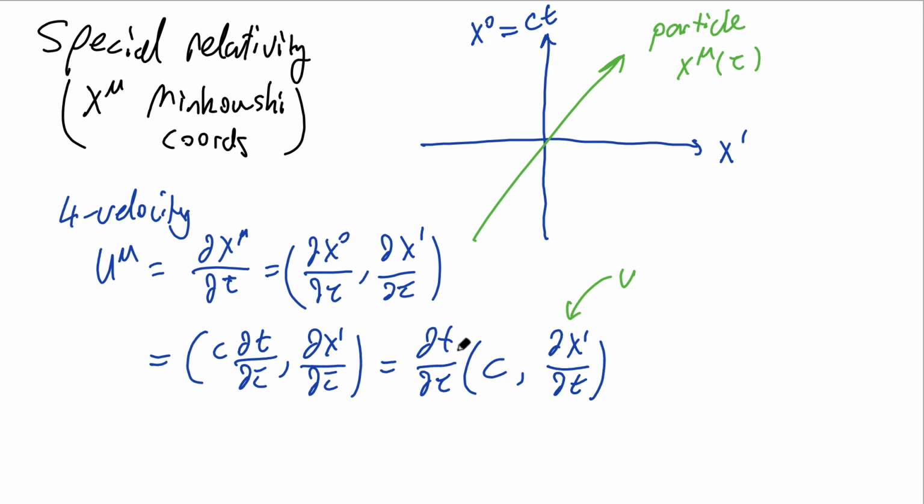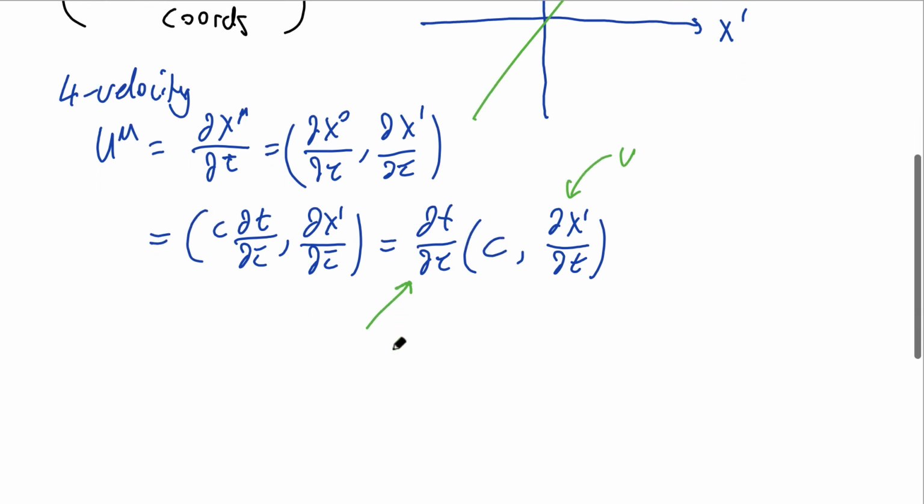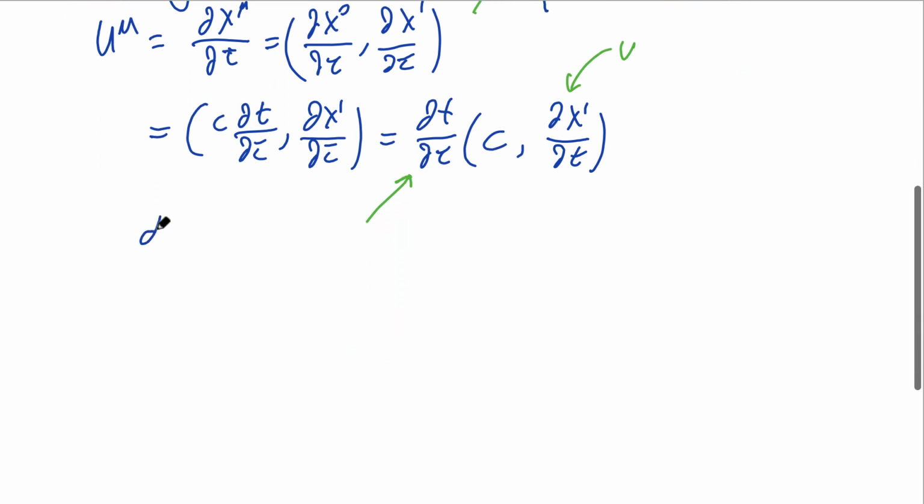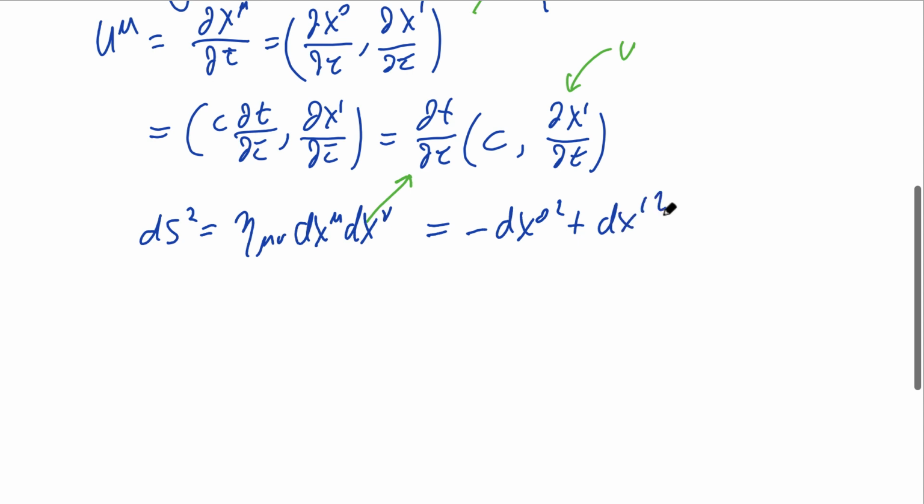And this factor, partial t with respect to τ, can be determined from the line element. So the line element is, of course, ds squared is η_μν dx^μ dx^ν, where η_μν is the Minkowski metric, minus 1, 1, 1, 1 down the diagonals. So this is minus dx^0 squared plus dx^1 squared, and we're just working in two dimensions here. Now remember, x^0 is c times t, so this is minus c squared dt squared plus dx^1 squared.